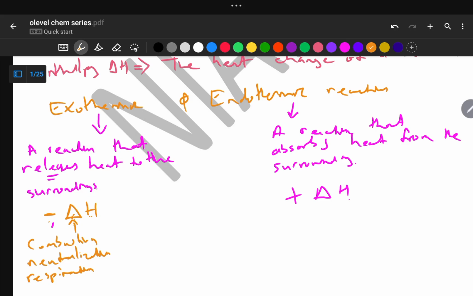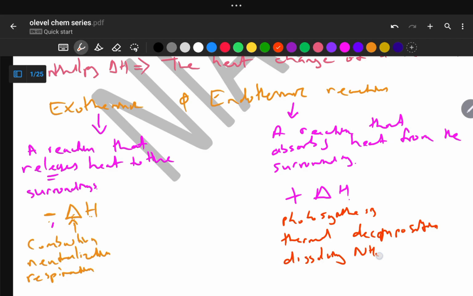And then for the endothermic reactions, we have photosynthesis, thermal decomposition of carbonates, nitrates, and so on, and also the dissolving of ammonium nitrate. So this is the chemical formula for ammonium nitrate, right? This is what you need to know.